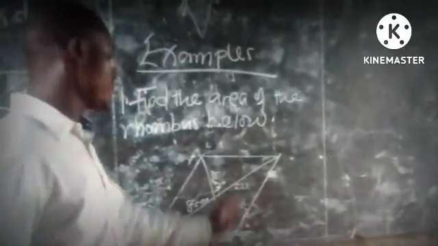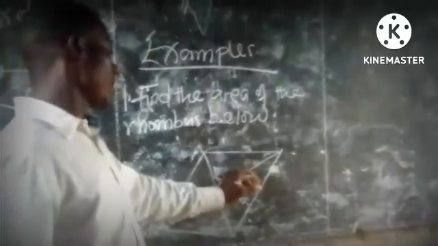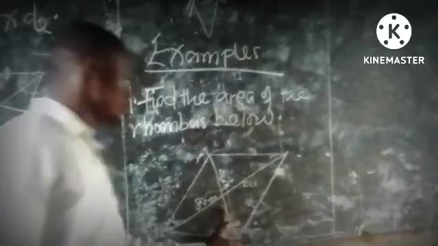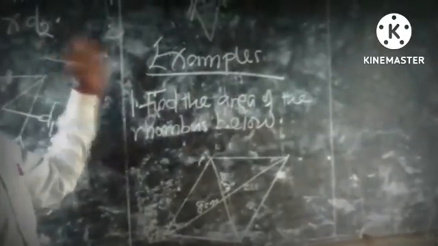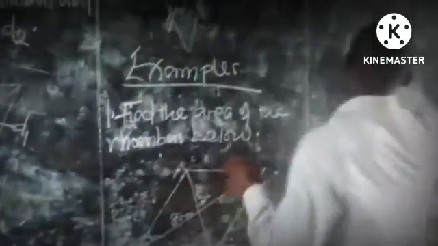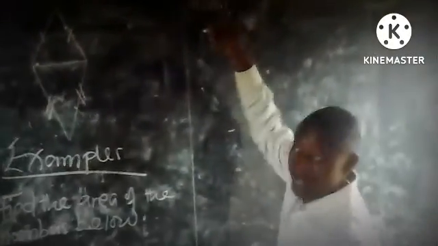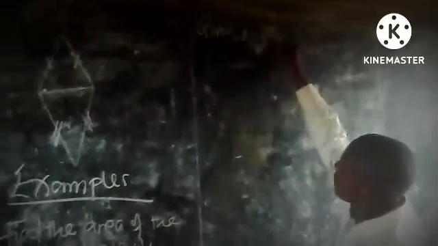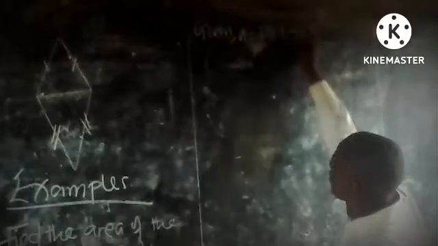So you identify the first diagonal, which is diagonal 1, and you also identify the second diagonal, which is diagonal 2, then you substitute using this method. So under your solution, when calculating this, you say given area equals half times diagonal 1 times diagonal 2. You have already identified your diagonal 1 and diagonal 2.